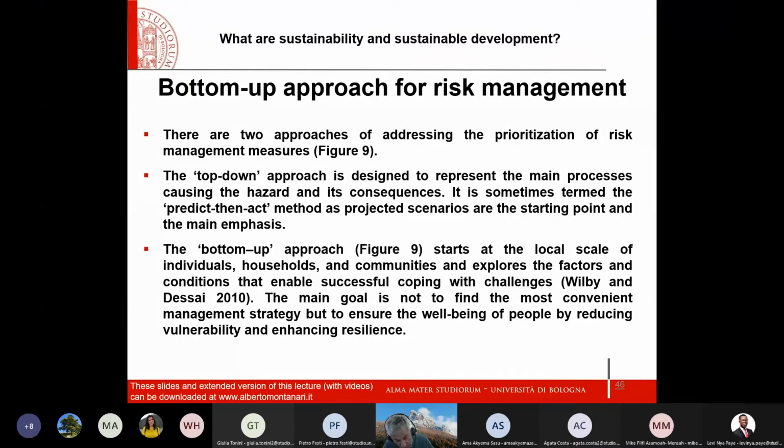Now let me spend a few words on how the solution is to be selected. Is it better to increase supply? Is it better to reduce the demand? How can we make this assessment? So what is the framework of our analysis?